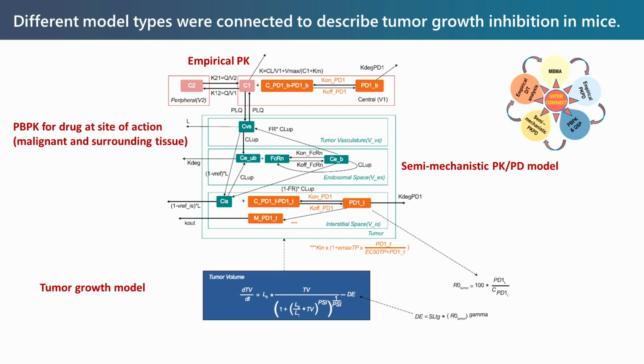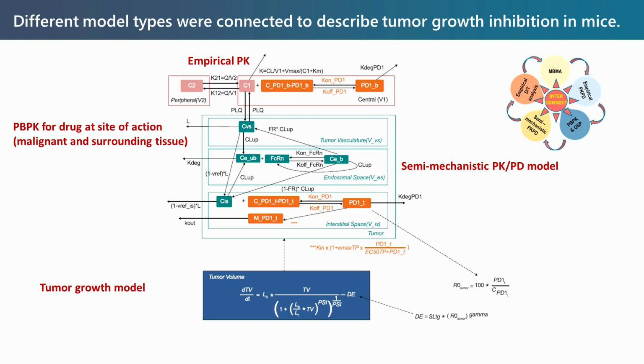This was connected to a physiologically based pharmacokinetic or PBPK model that described the concentration of pembrolizumab at the site of action. A semi-mechanistic PK/PD model was used to describe the drug effect at the site of action, with the drug action being related to the drug receptor complex concentration in the tumor.